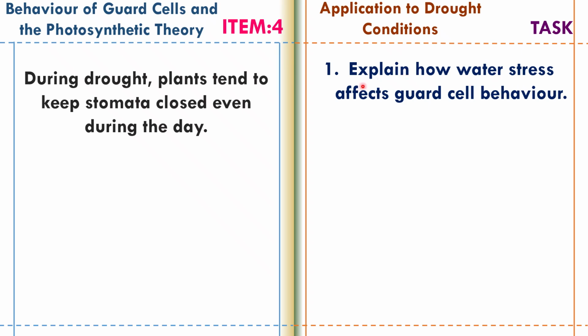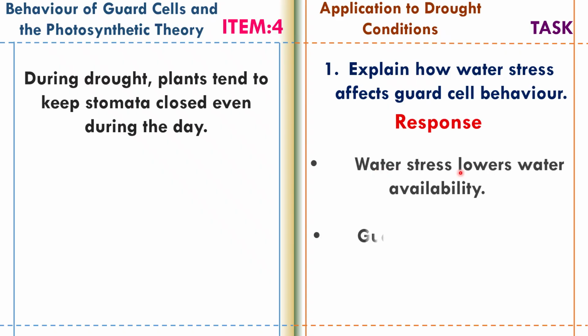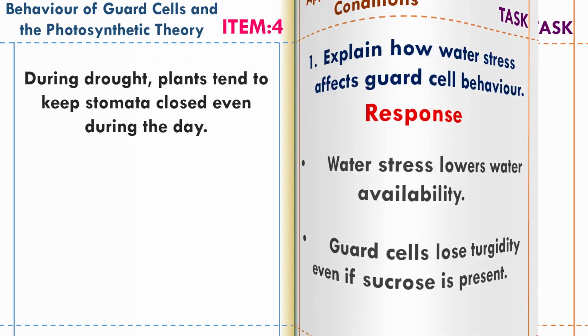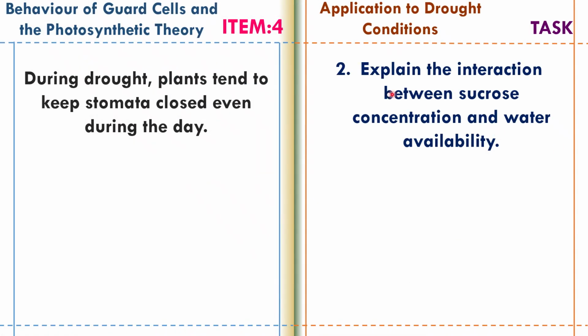Explain how water stress affects guard cell behavior. Water stress lowers water availability. Guard cells lose turgidity even if sucrose is present. Explain the interaction between sucrose concentration and water availability.